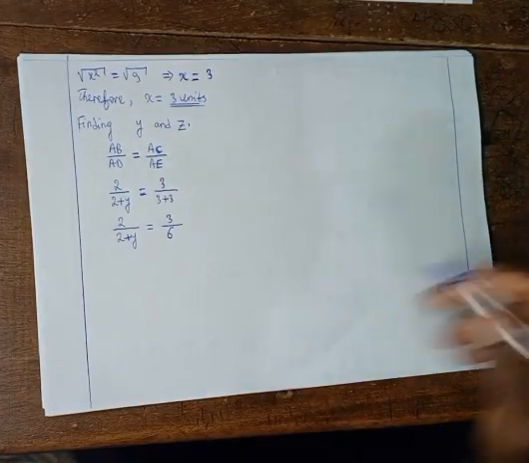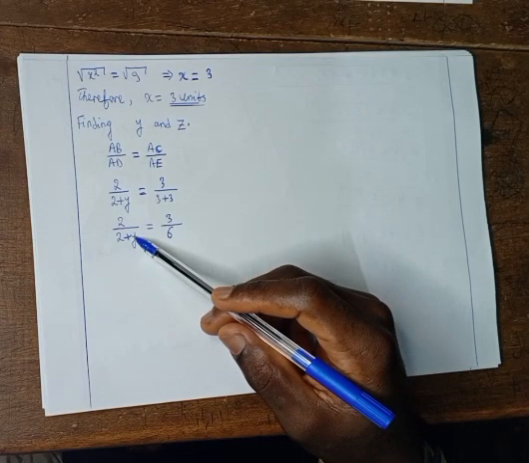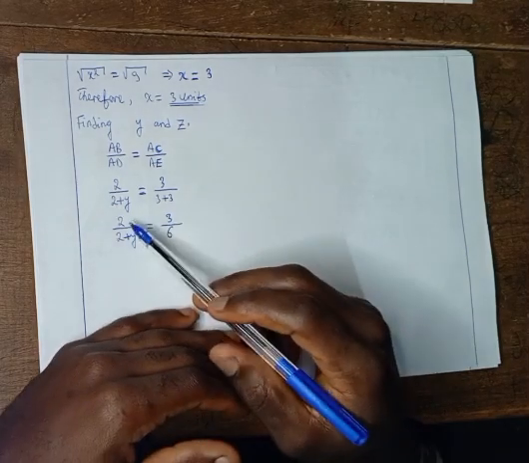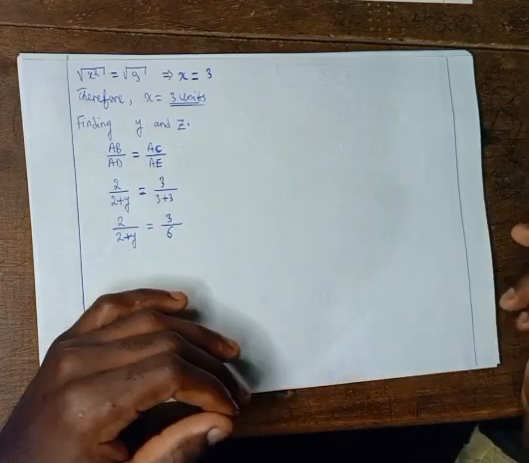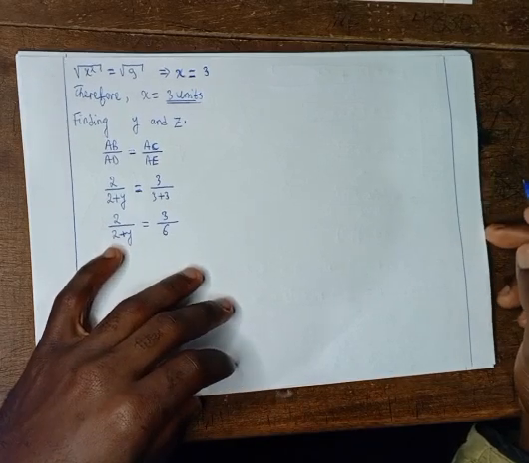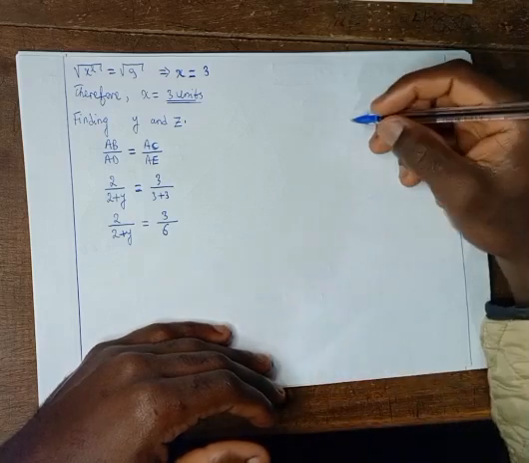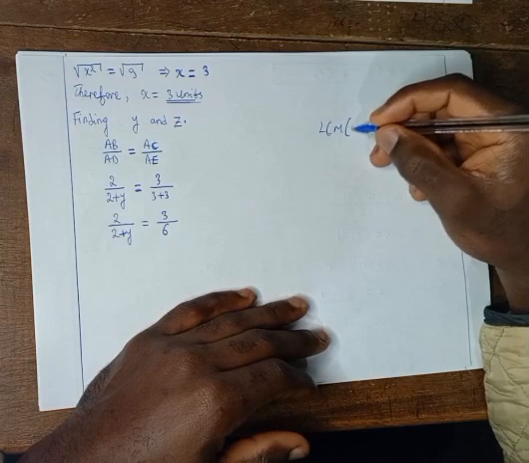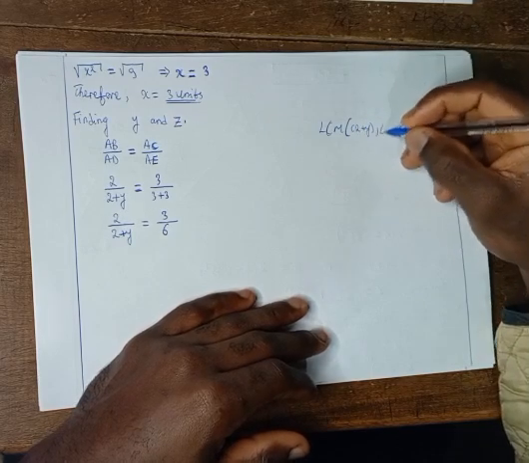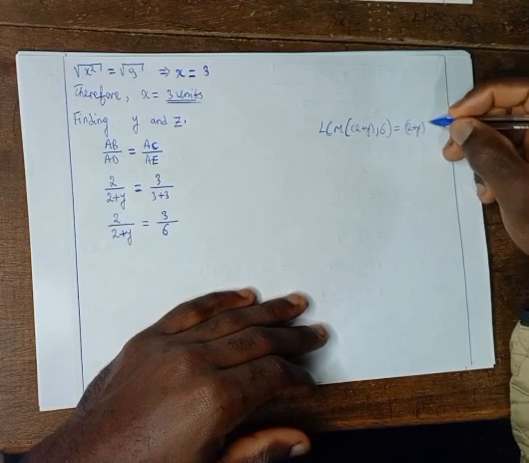Now the next thing, we have to find the value of Y. And for us to get the value of Y, what we are simply going to do is multiply both sides of the two fractions by the LCM of the denominators. The LCM of 2 plus Y and 6 will simply be 2 plus Y times 6.